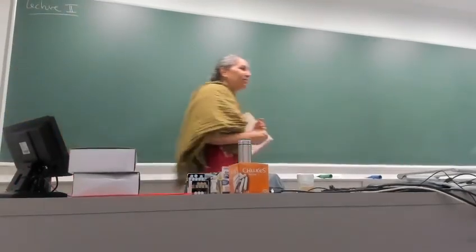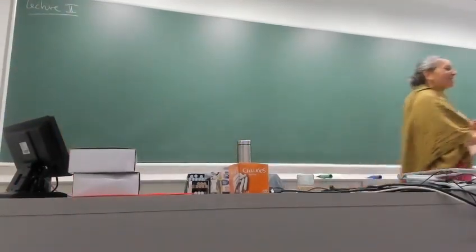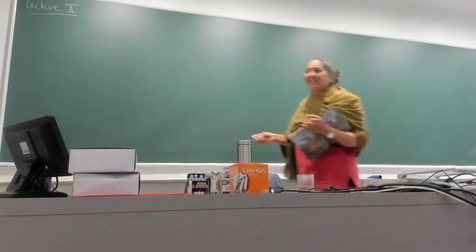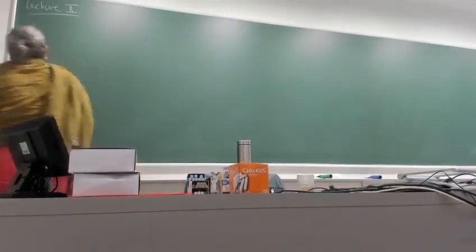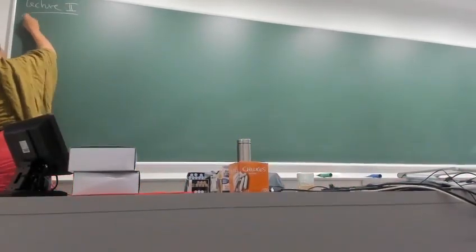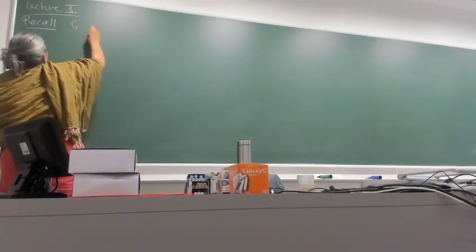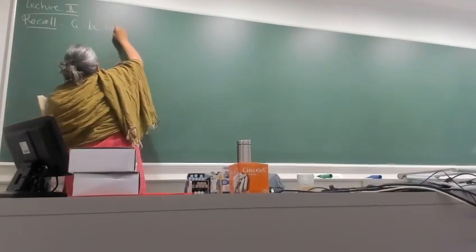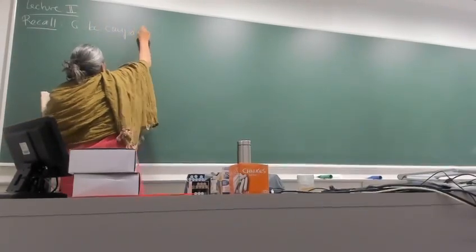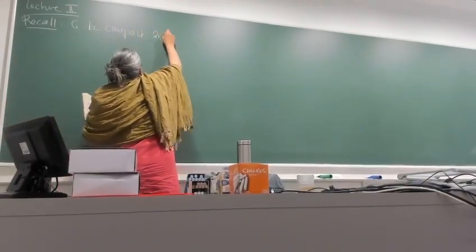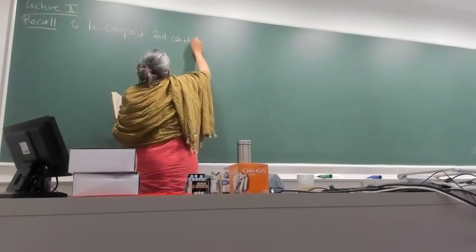I will not assume that you remember what's in lecture 1, so I'll just recall that. So I'm taking G a locally compact, second countable group.